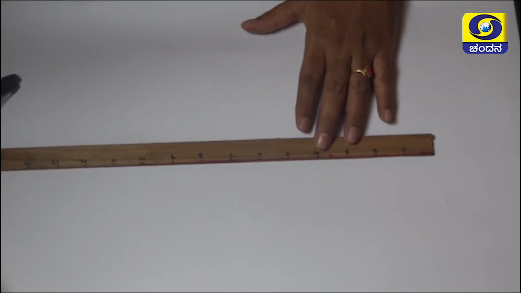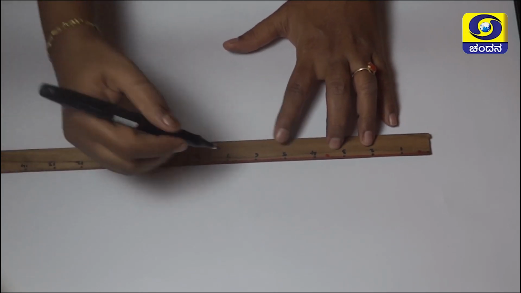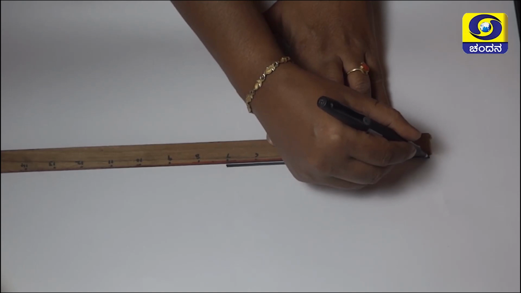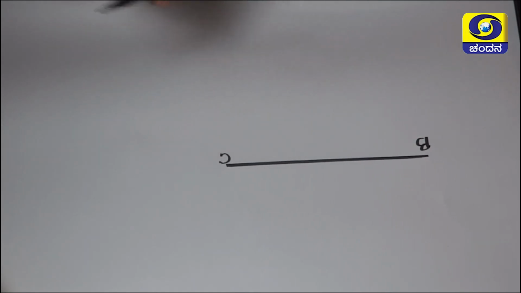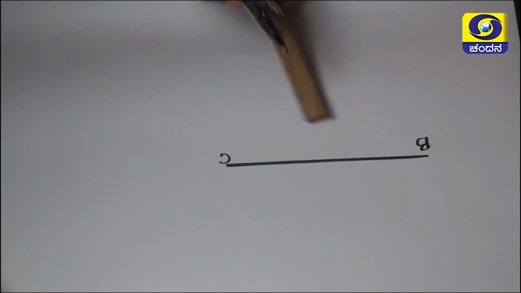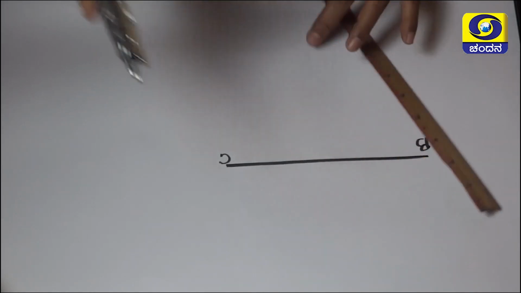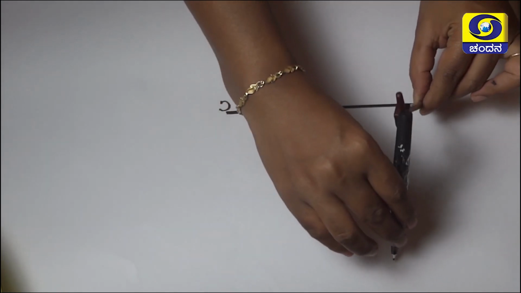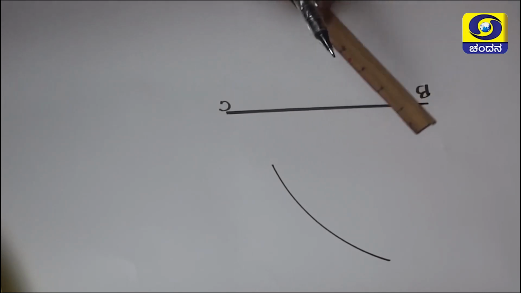To do this construction, let us draw a baseline of 7 centimeter. Let us name this line segment as BC. With the help of compass, let us take a length of 6 centimeter, keeping the needle of the compass at point B. Similarly, take one more length, that is 5 centimeter.